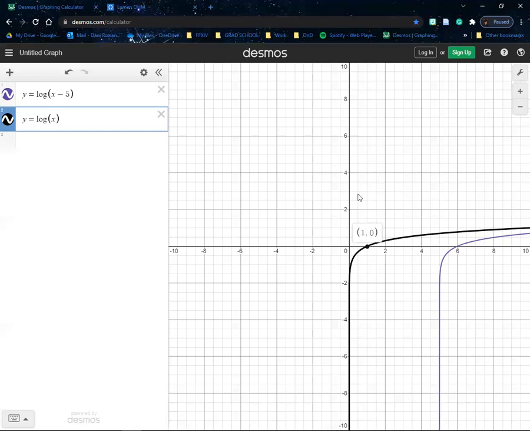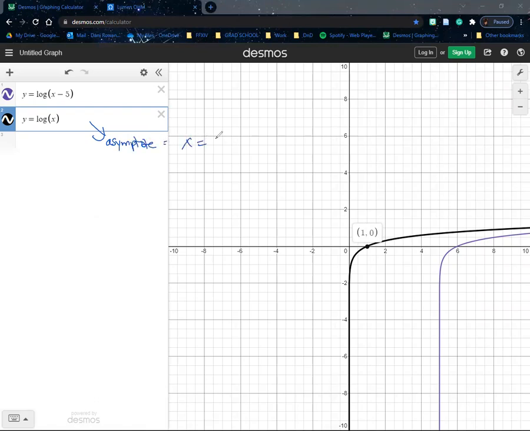So log of x, right? The asymptote is what for log of x? 1, 0. Yeah, this is the point, right? But the asymptote is x equals 0, right? It's this line right here.